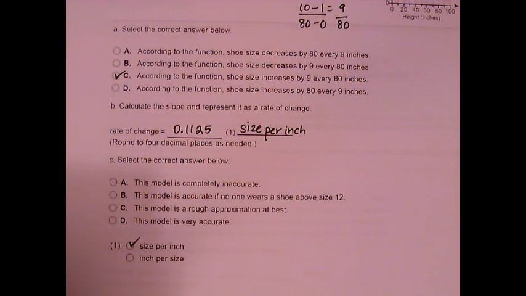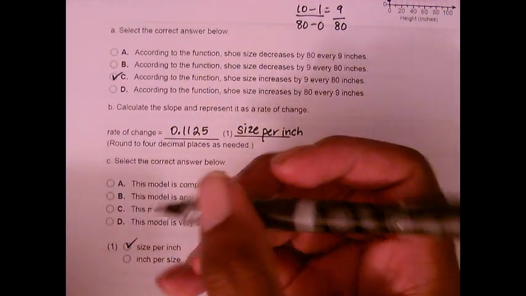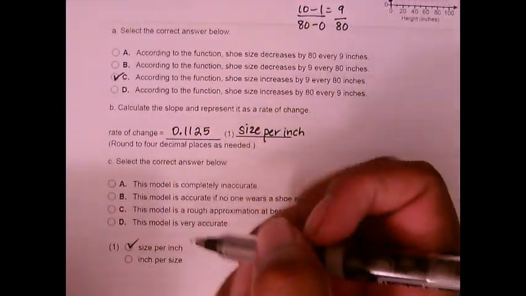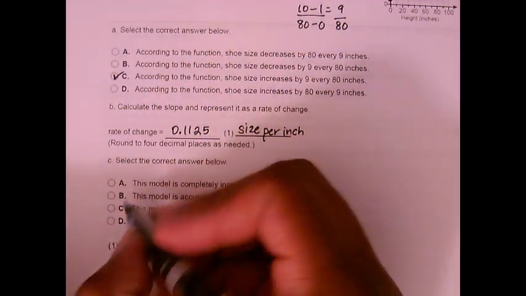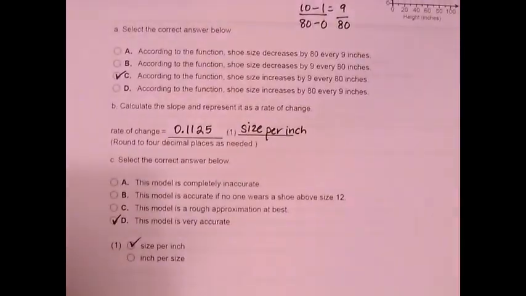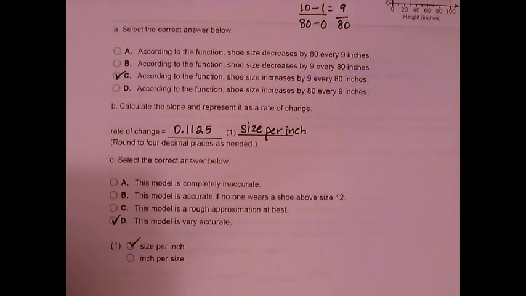And then select the correct answer below. And you're going to have to choose which one would work here for this particular situation. So the model there, it all depends. The model could be very accurate.